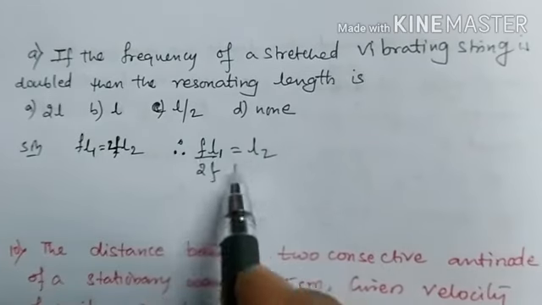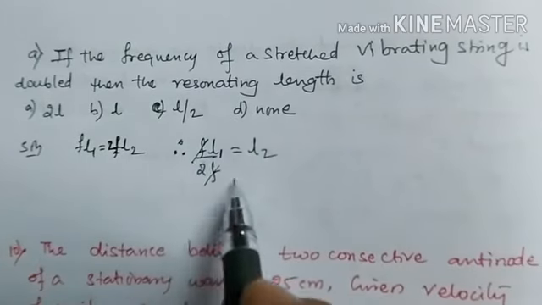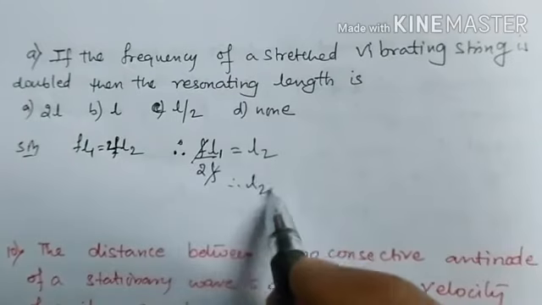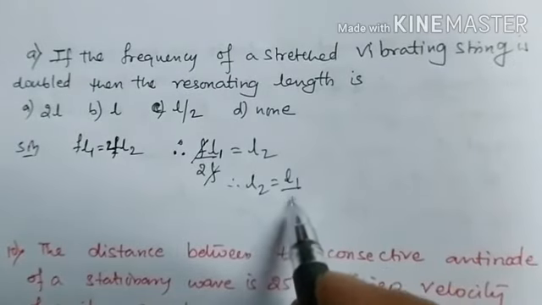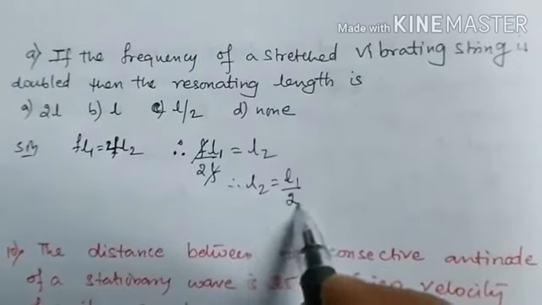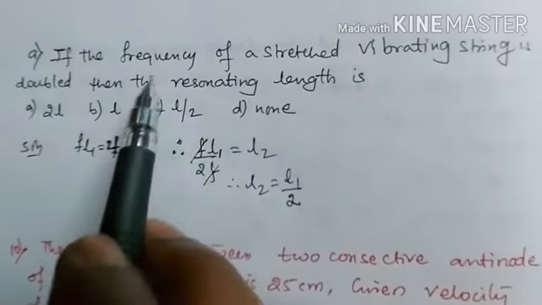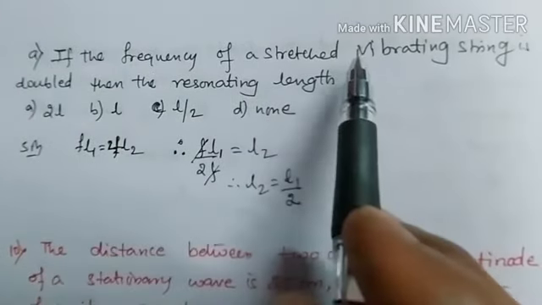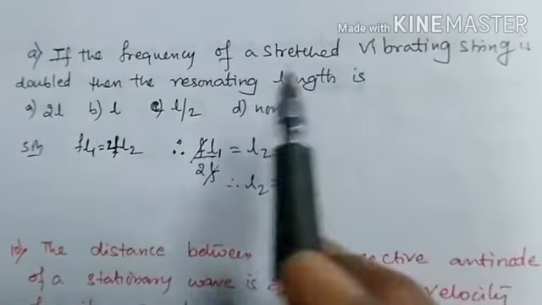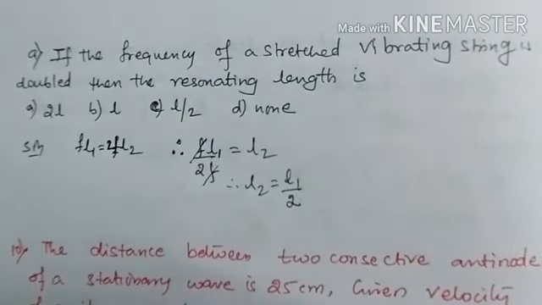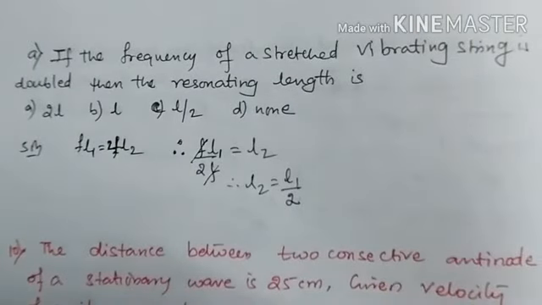Now what will get cancelled here? F and F will get cancelled. Therefore L2 is equal to L1 by 2. That means one idea we will get here: if the frequency is doubled, the length will become half. We should understand it in statements.